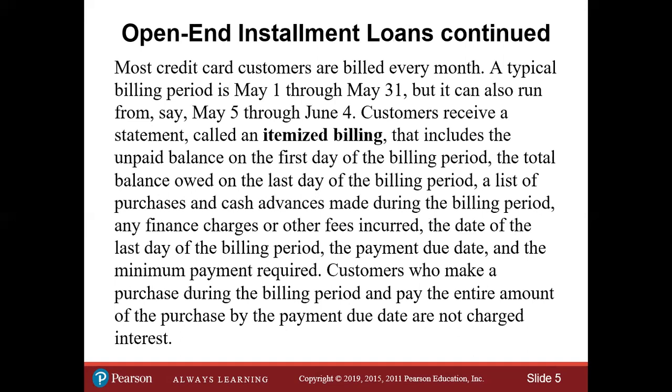A lot of the credit cards have the same type of average daily balance calculation that is used to determine payments. So we'll look at how that works in this presentation.